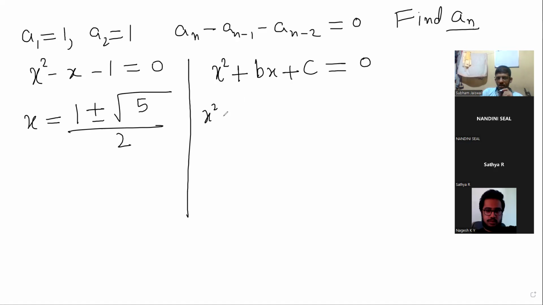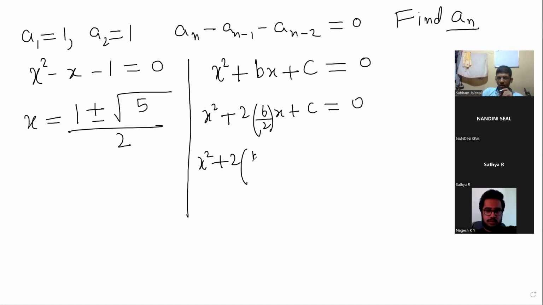When you see the bx and you want to complete the square, then what will you try to do? Something like this. This looks closer to completing the square.